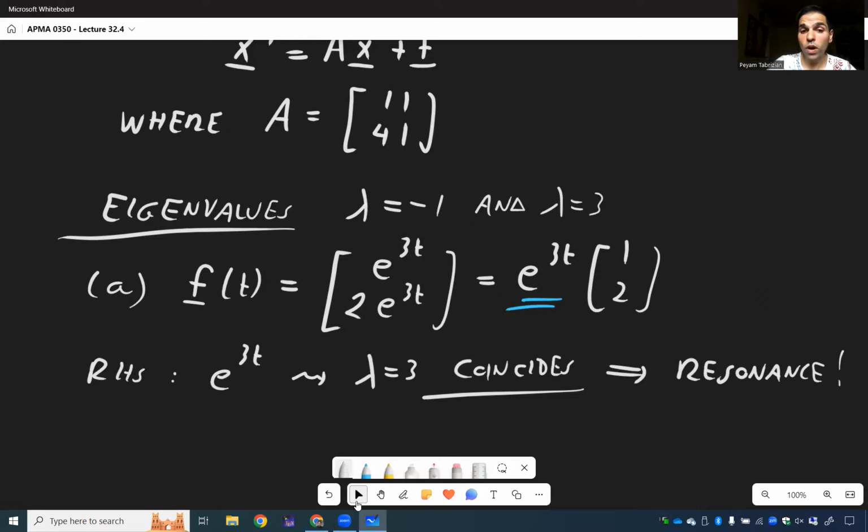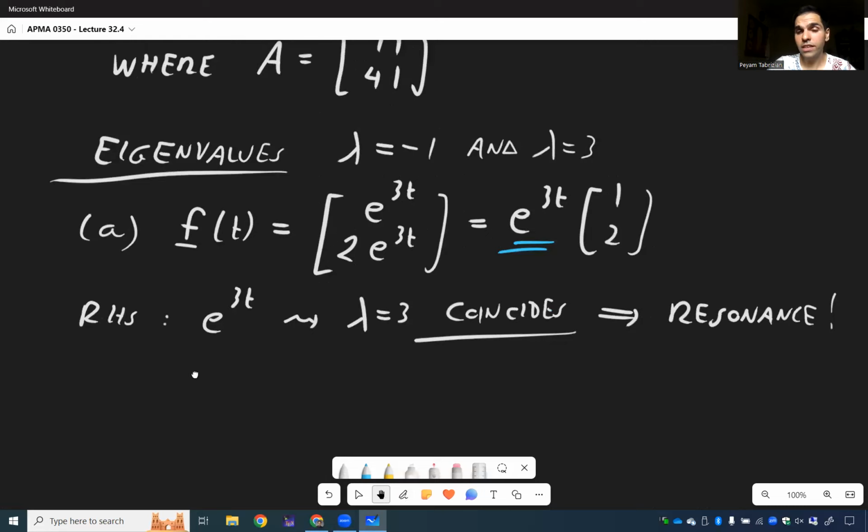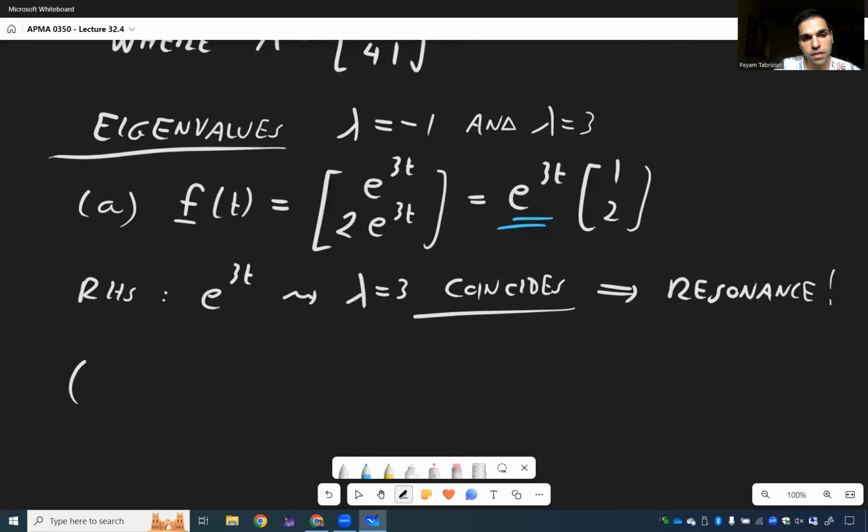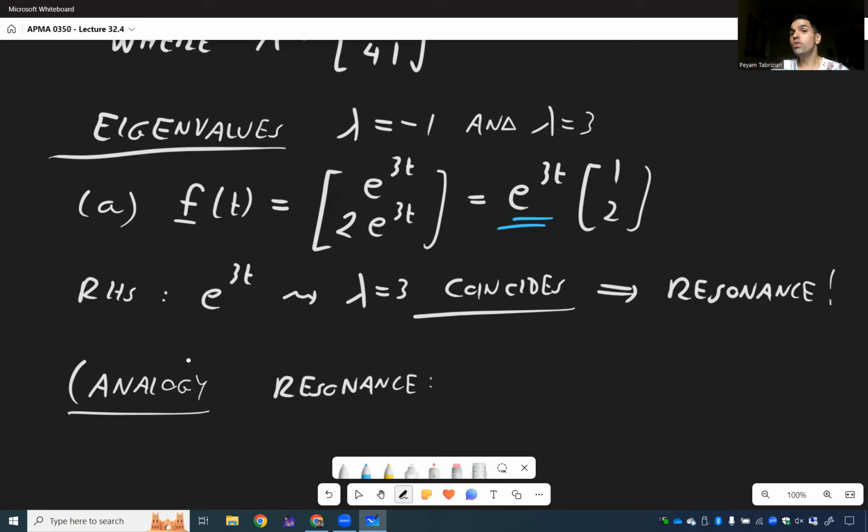And the question, what do we do here? Once again, it's by analogy. So before, if we had resonance, we had to add an extra t, right? We would guess something like yp is at e to the 3t.